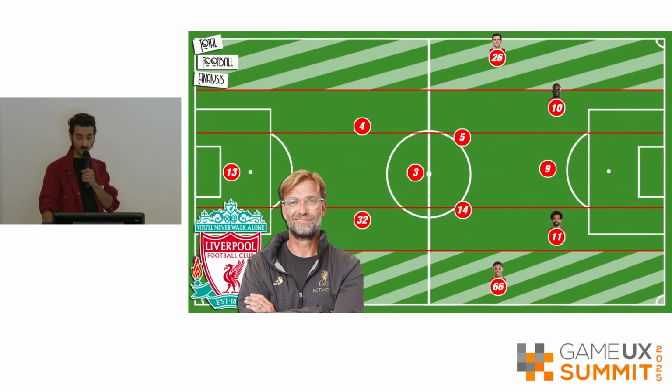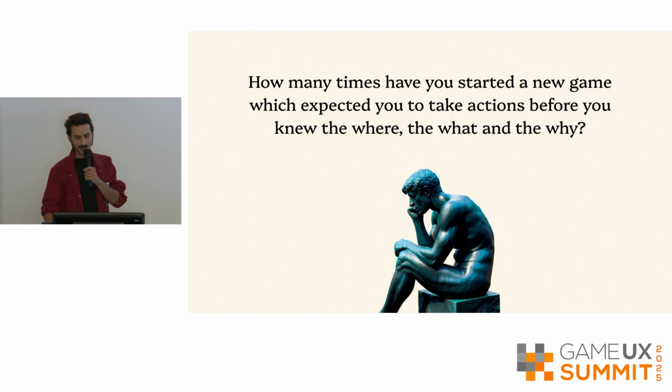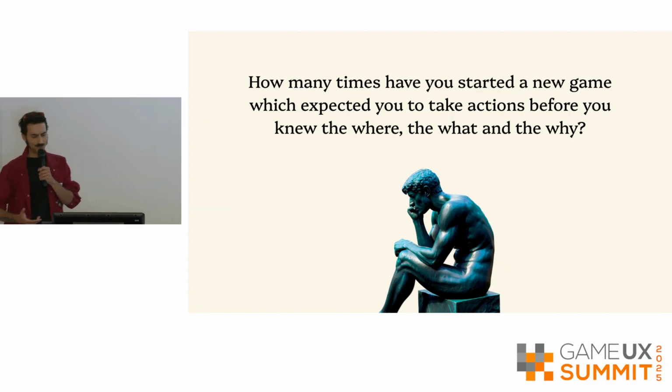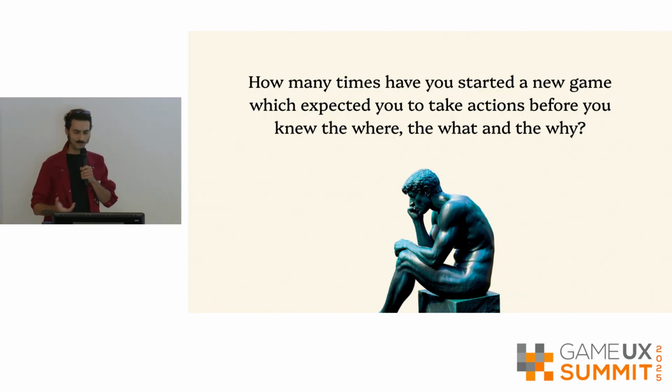Or, if you prefer sports terms, for a Liverpool midfield player to understand Jurgen Klopp's new tactical play, they need to understand the ball, the goal, the other players, their roles, and the relationships between them. Ask yourself, how many times have you started a new game which expected you to take actions before you knew the where, the what, and the why?